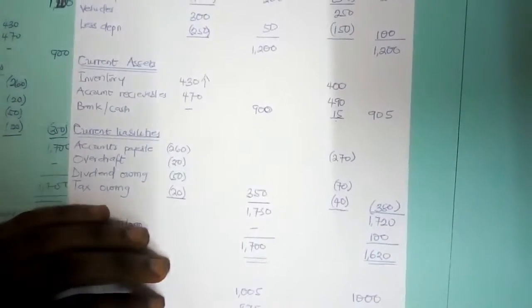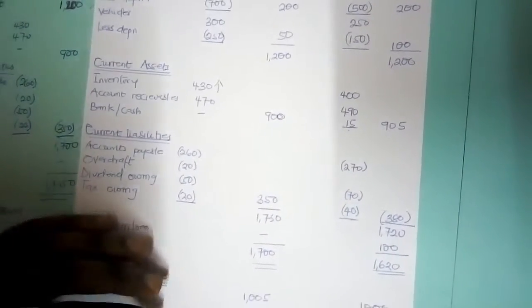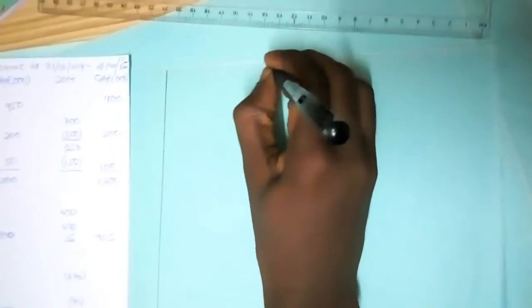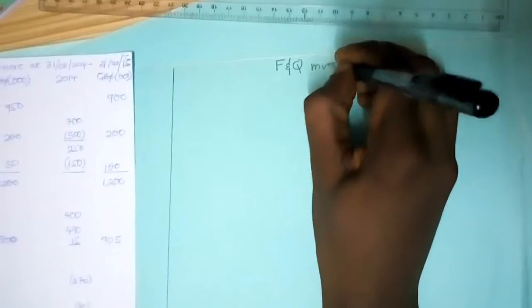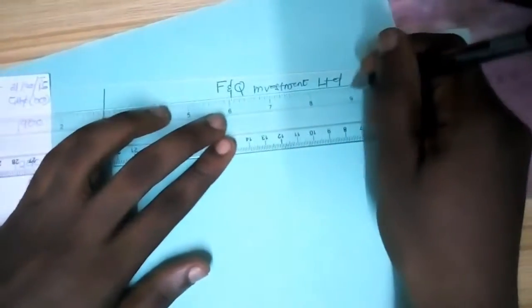So in accounting, the first thing that we do is that we write the name of the company, which is F&Q Investments Limited. Then you underline it very nicely because it's going to score you points.